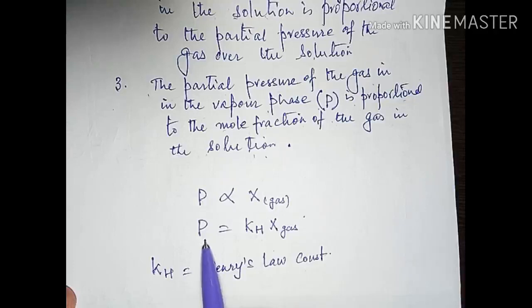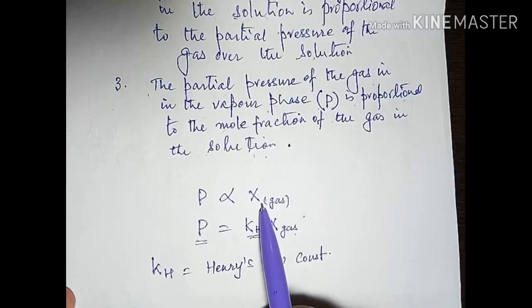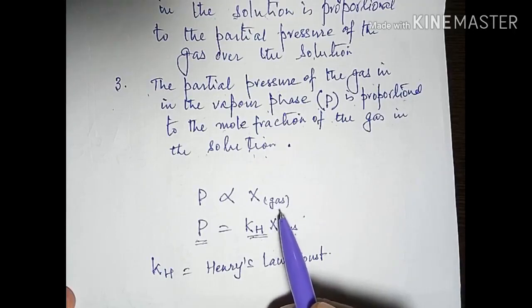The units of KH will depend on the unit of the pressure we are using. Since mole fraction is a fraction, it has no unit, so the unit of Henry's law constant will be the unit of pressure which we are using. The solubility may be expressed in other concentration terms also, like molarity, ppm, parts per million, or any other concentration units.